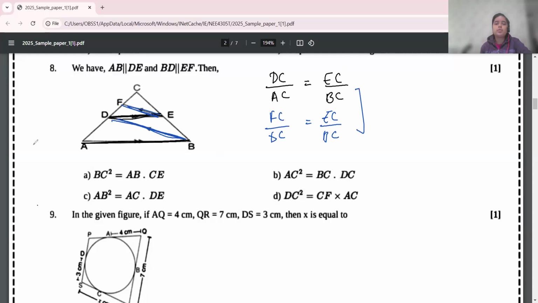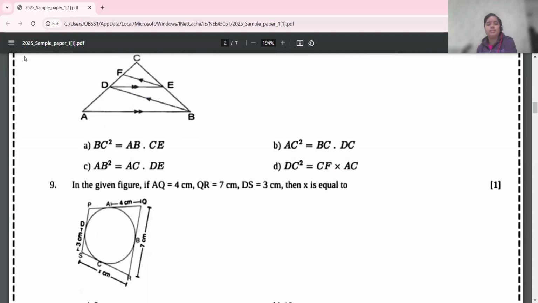Now, using these two equations, I can infer that in reality, these two are equal, which means DC by AC is equal to FC by DC. My bad. FC by DC. Now, cross multiplication, it becomes DC square is equal to FC into AC. Thus, we get option number D. You can check out the other three options as option out method. All of them are incorrect.